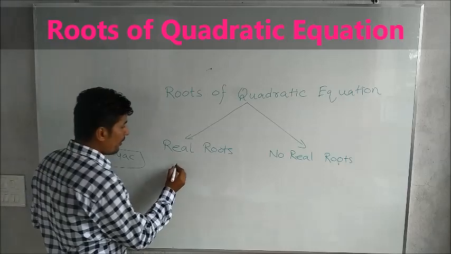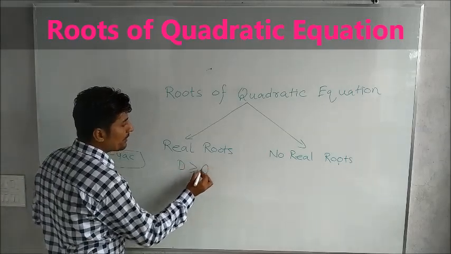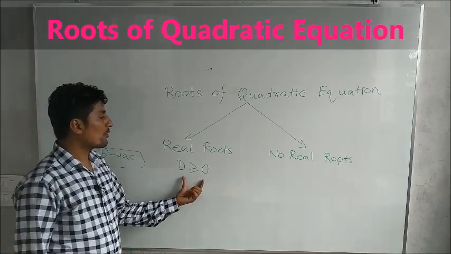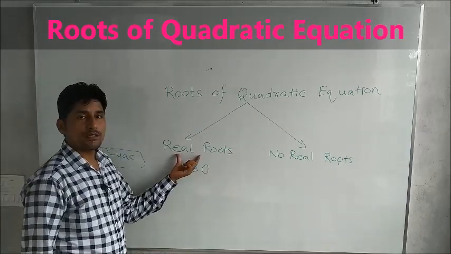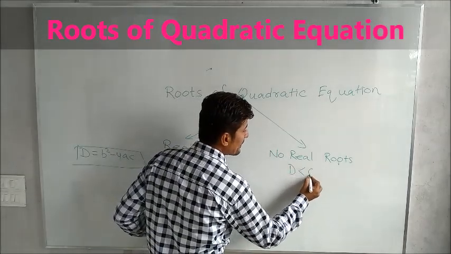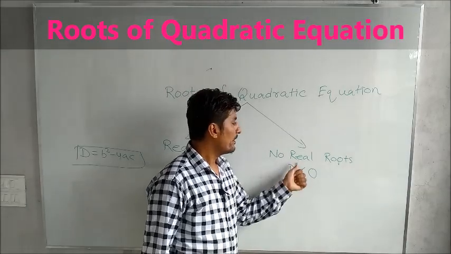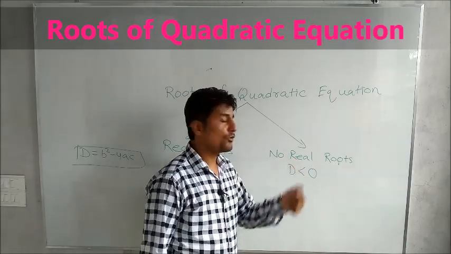If the value of d is either greater or equal to 0, then the roots of the quadratic equation will be real. If the value of d is less than 0, then the roots of the quadratic equation will be imaginary or it will have no real roots.